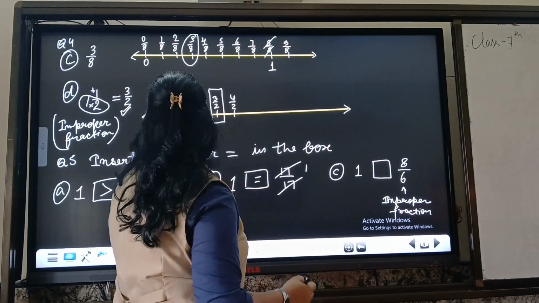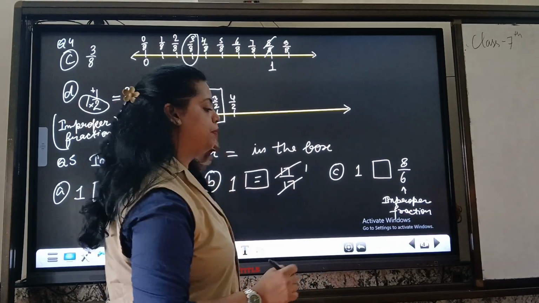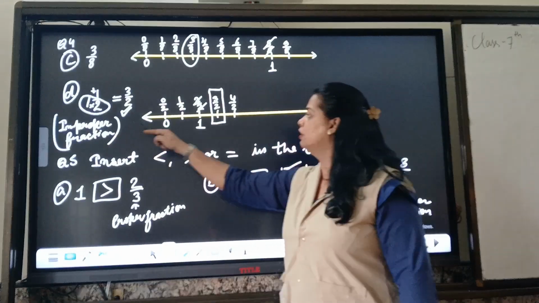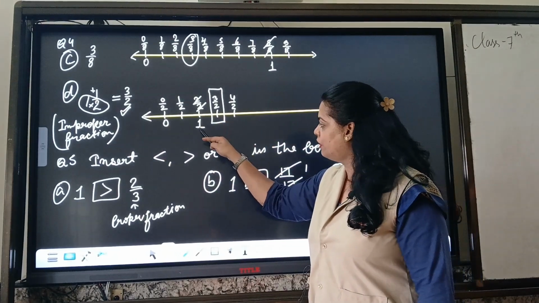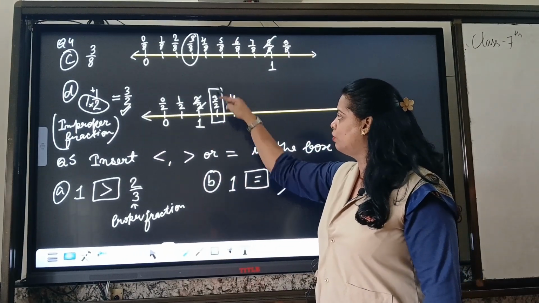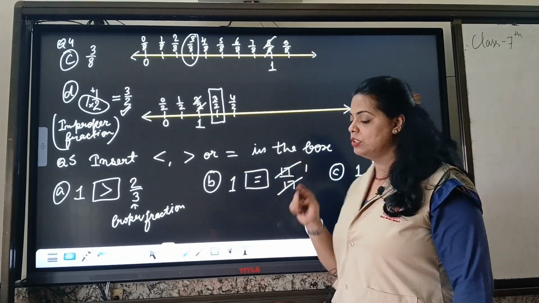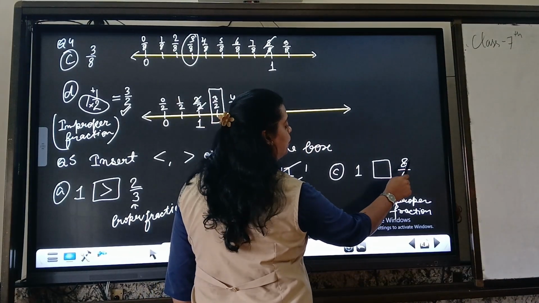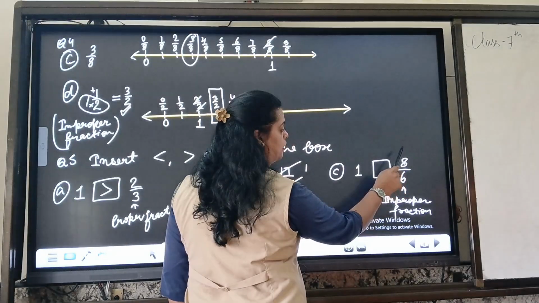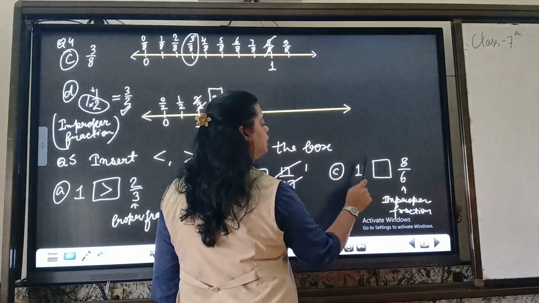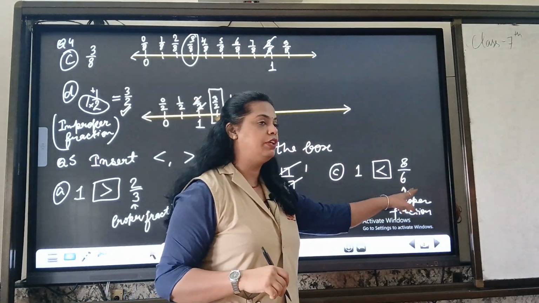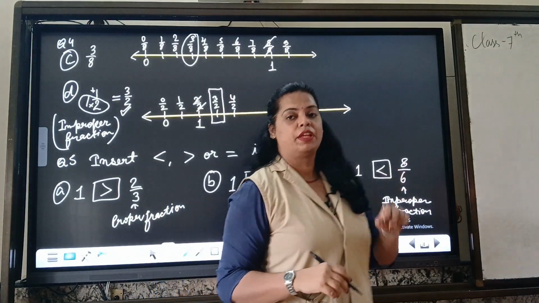And recently I solved question 4D part, where I had an improper fraction and it always lies after 1. Our required number was after 1. So the same thing we have here: 8 upon 6, where denominator is smaller than numerator and numerator is a greater value. So this number would be greater than 1 because it is lying after 1 on the number line.